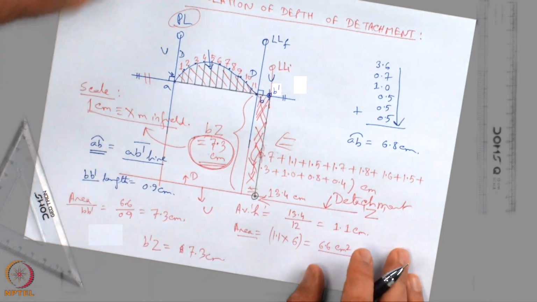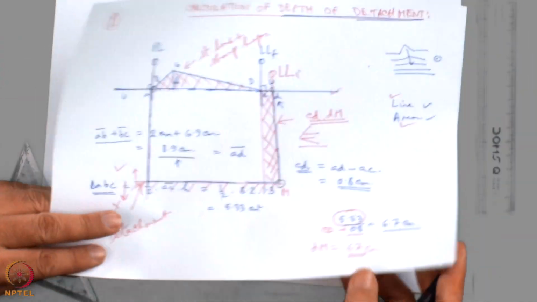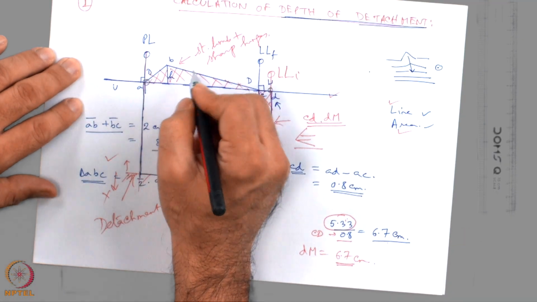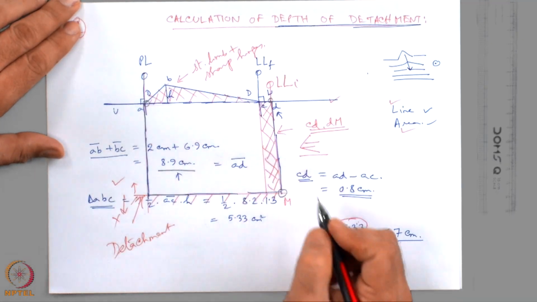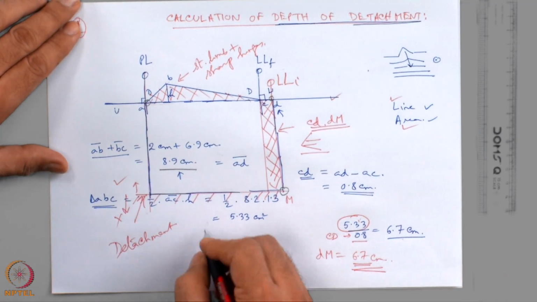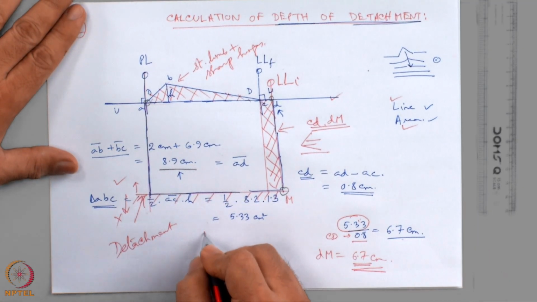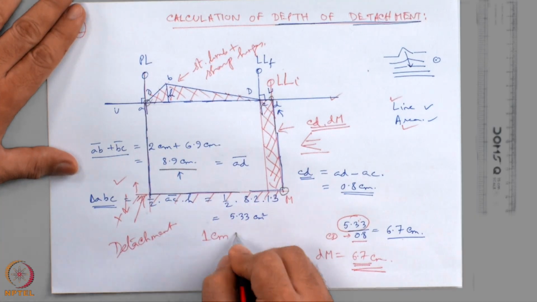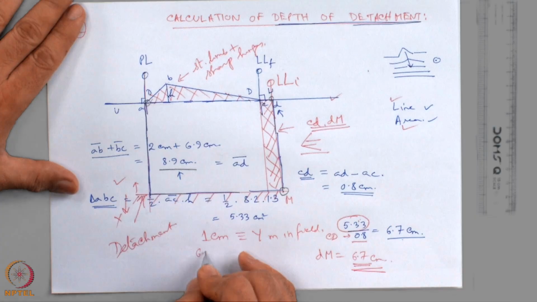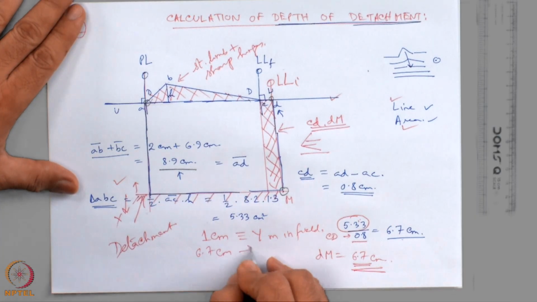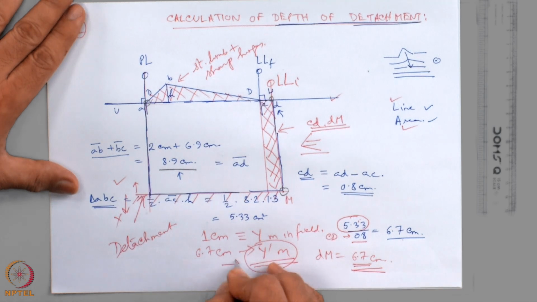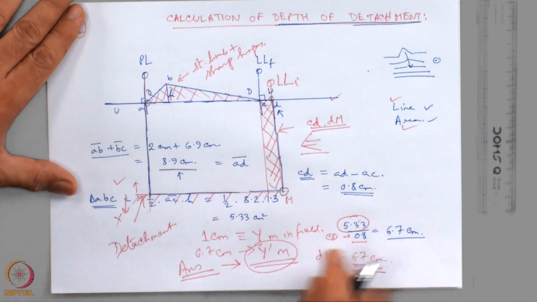and that is the answer. The same thing has to be done when you are dealing with folds of other geometry such as kink folds. Here we obtained the dm distance as 6.7 centimeter. There might be a scale given here as 1 centimeter in the diagram is equivalent to y meter in the field. Applying that scale, 6.7 centimeter is equivalent to y dash meter in the field, and this is the answer, the depth of detachment.